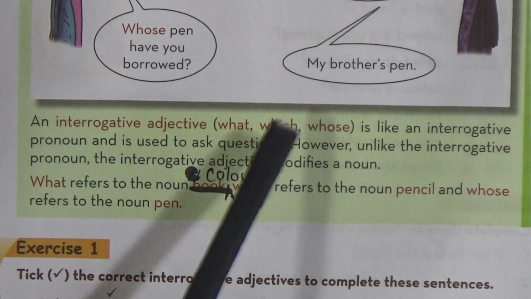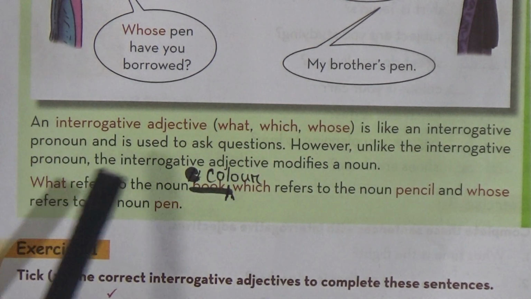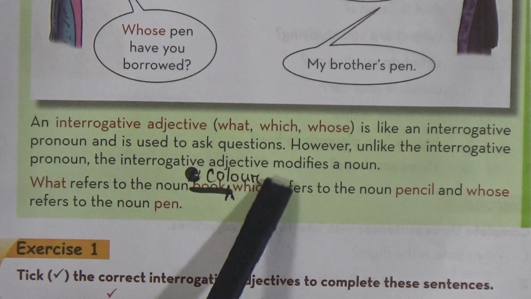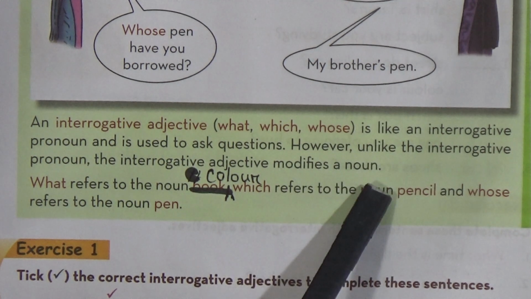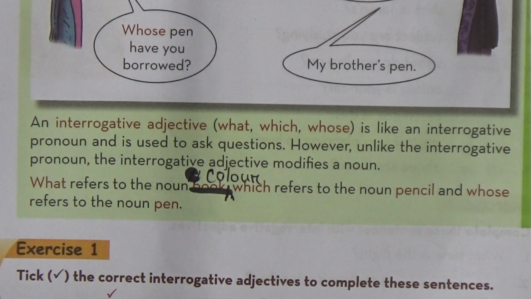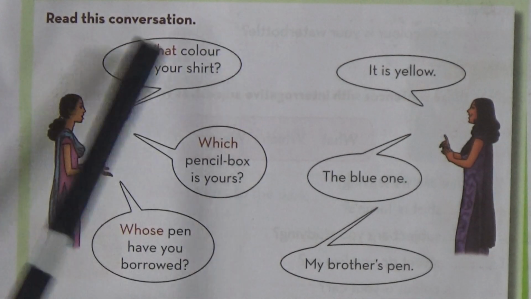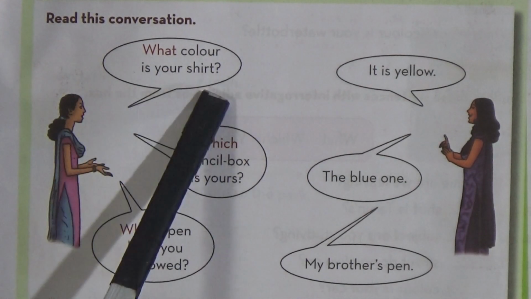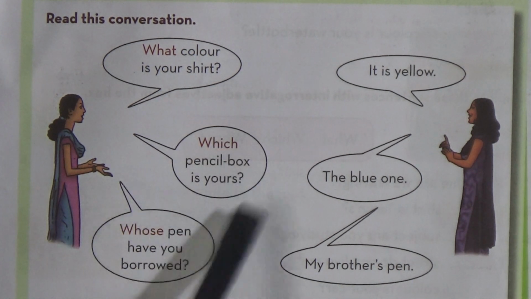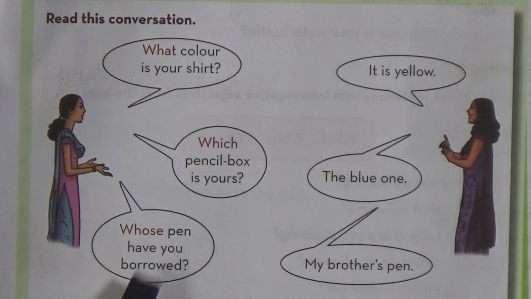Remember this, unlike the interrogative pronoun, the interrogative adjective modifies a noun. Now dear students, we have already read some examples, like what color is your shirt, which pencil box is yours, whose pen have you borrowed.